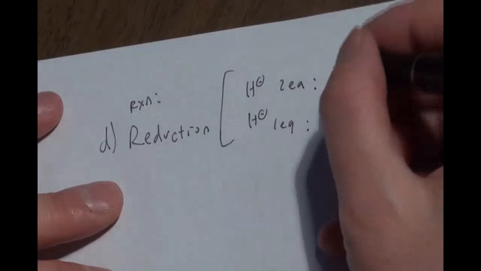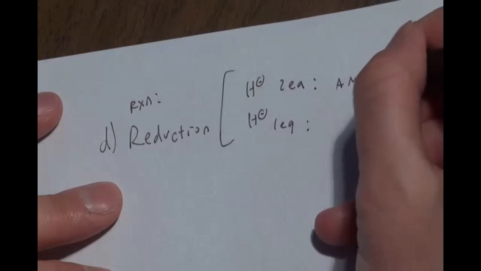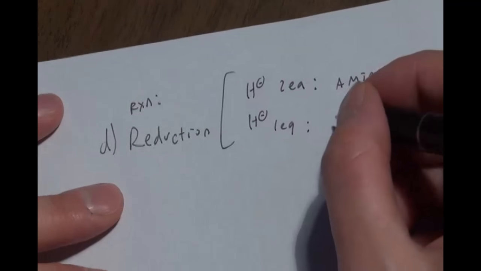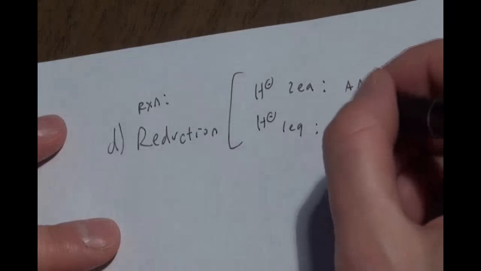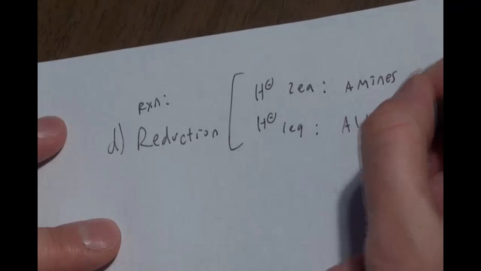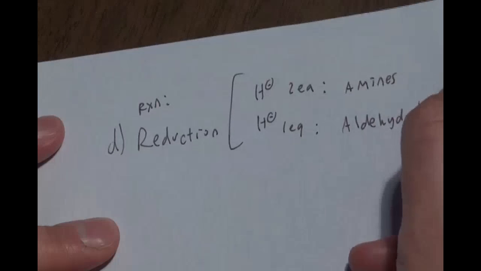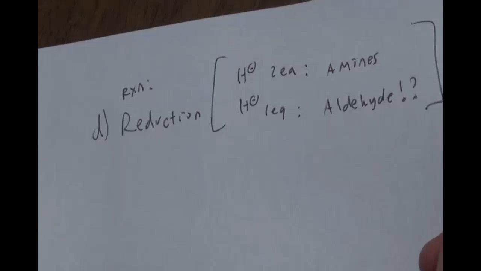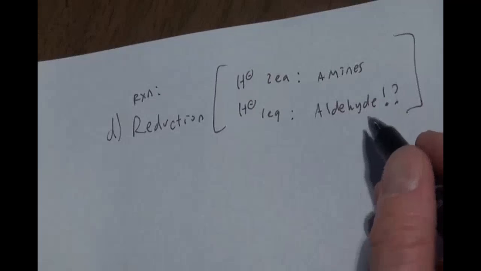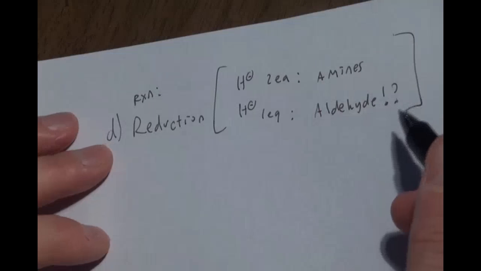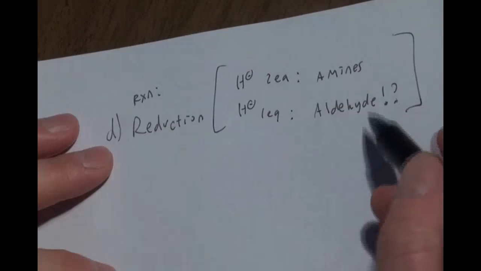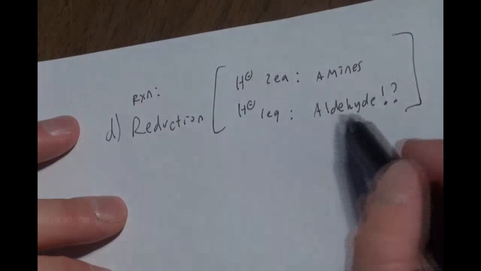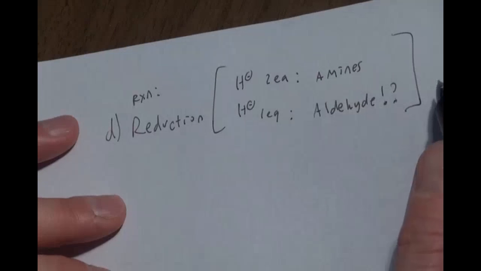The 2 equivalent method will make amines. The 1 equivalent method to reduce the nitrile will make an aldehyde, which is a little weird given the nitrile has nitrogen on it. Where's the oxygen going to come from to make an aldehyde? Well, we'll see. What do you think the 2 equivalent reducing agent is going to be, and what do you think the 1 equivalent reducing agent is going to be?